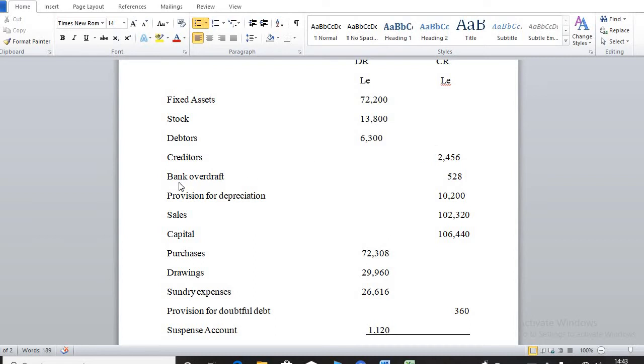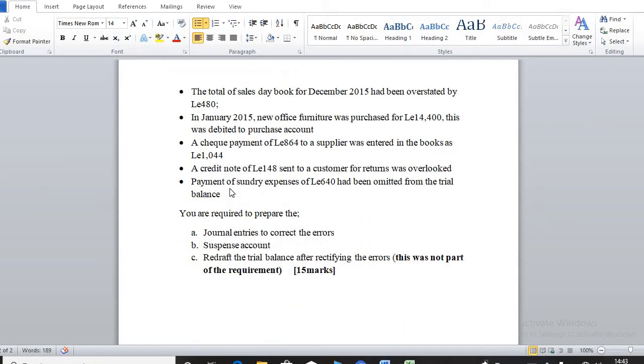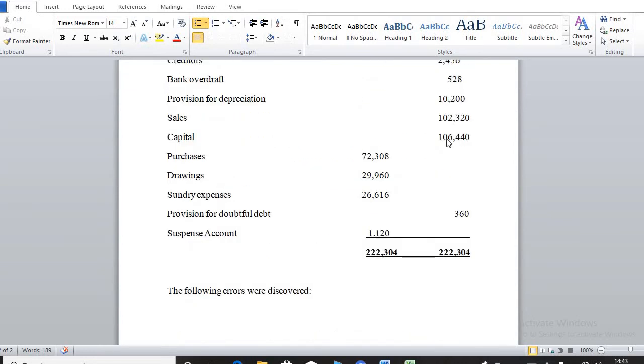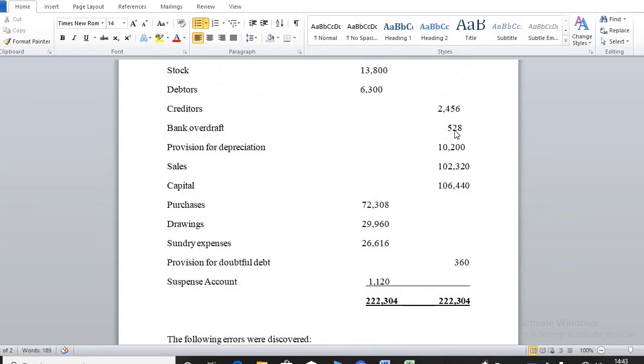And here too, this bank overdraft has to do with the bank account of the business. The bank overdraft here has also been overstated. This overdraft is supposed to be less than this. Because we recorded the wrong amount in the books, this overdraft, which is 528, has been overstated by 180.